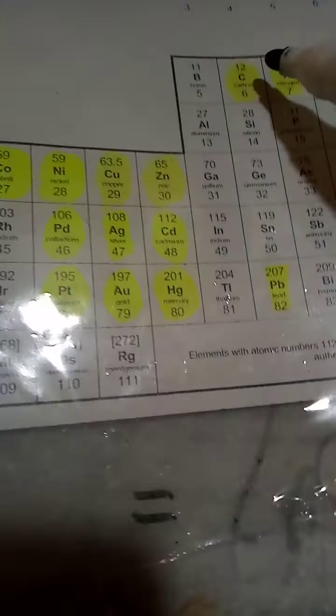So we'll do carbon dioxide first. In this molecule, carbon dioxide, we've got 1 atom of carbon and 2 atoms of oxygen. And we know the relative atomic mass of carbon, which is the top part.